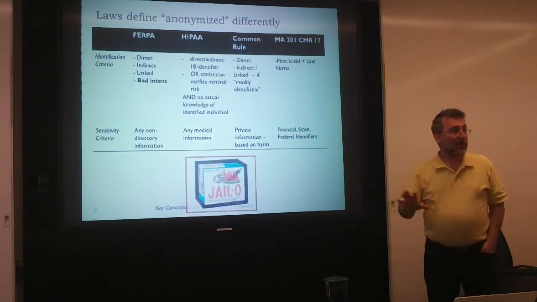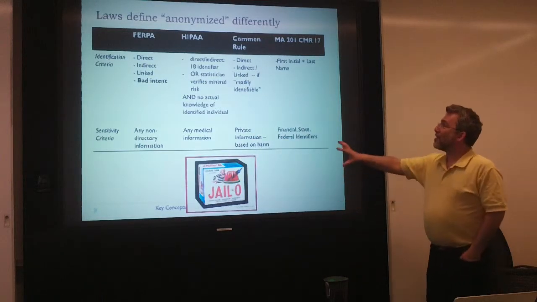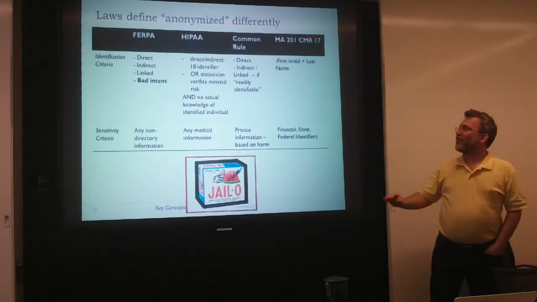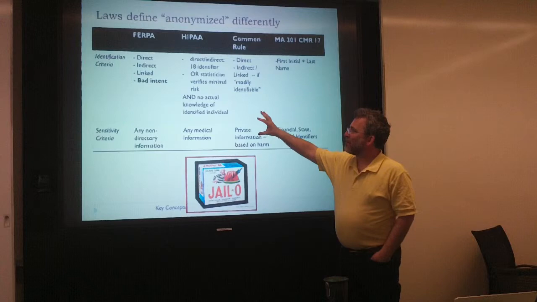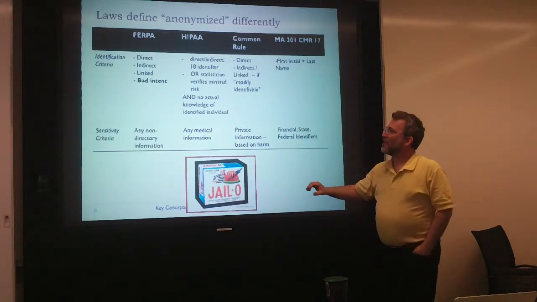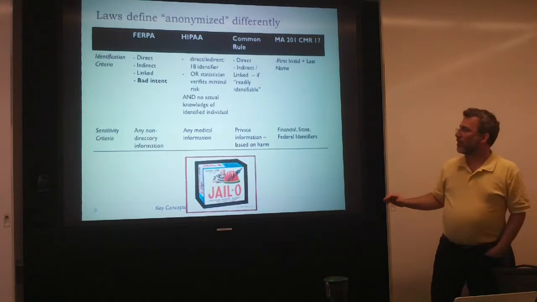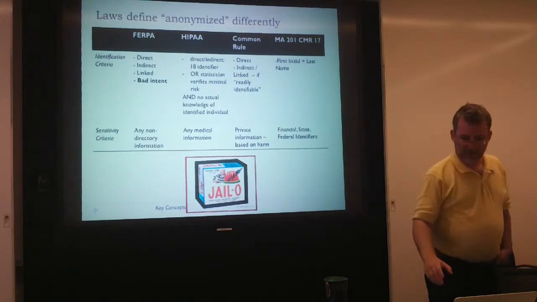And just a legal note, you get this already, but laws define all these things differently, right? So there are different legal regimes. They define what it means to be identifiable differently. They define the criteria for what's harmful implicitly differently, and their scope differs as well.